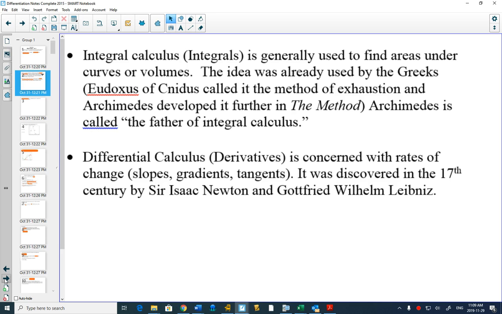But back then, they didn't have the internet or anything like that. And so both of these gentlemen discovered calculus in their own notation, in their own ways, separately, independently of each other. So you're not saying, well, I discovered it first and he stole my ideas. In fact, during that time, they didn't really share ideas very much.